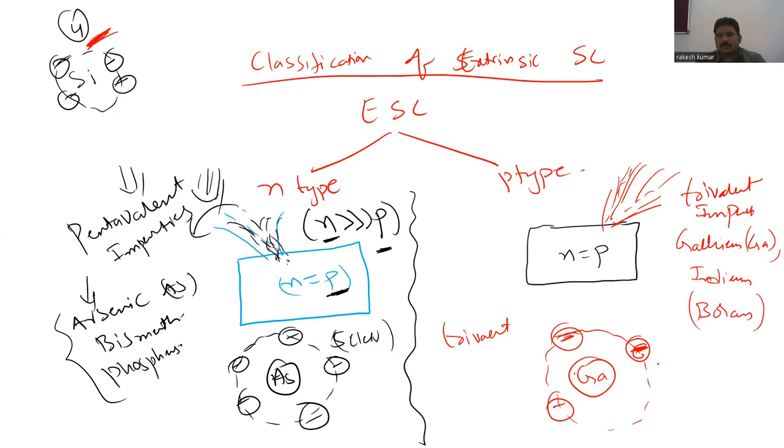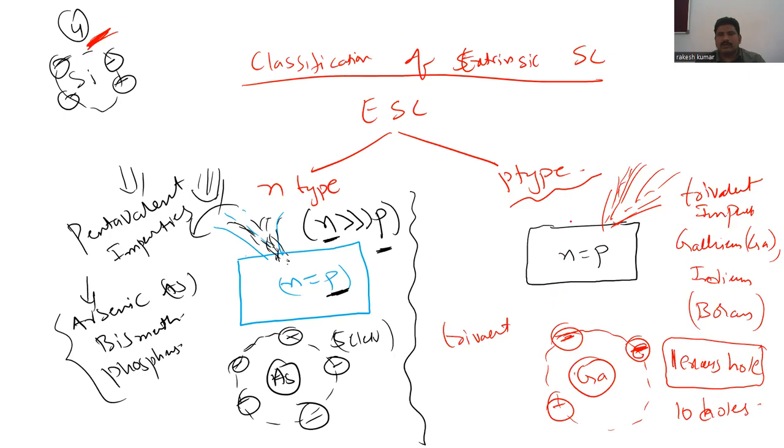Due to adding each trivalent impurity, that leads to one excess hole. If I add 10 trivalent impurities, I will get 10 holes. So generally we will add in terms of lakhs. Here you are adding an excess number of holes.